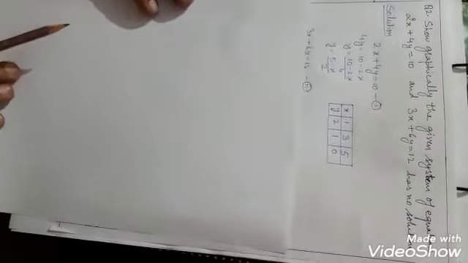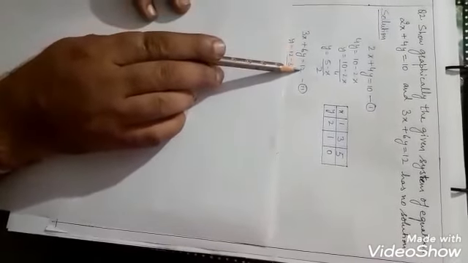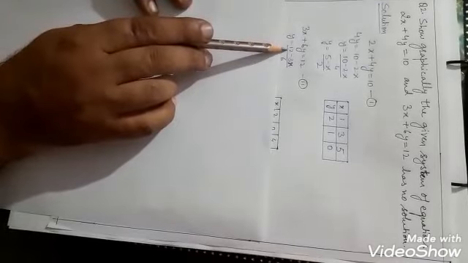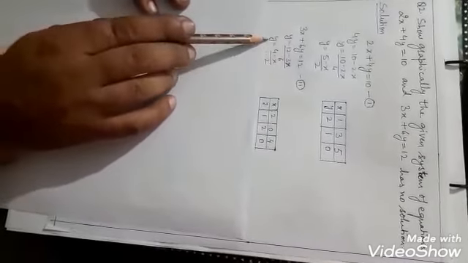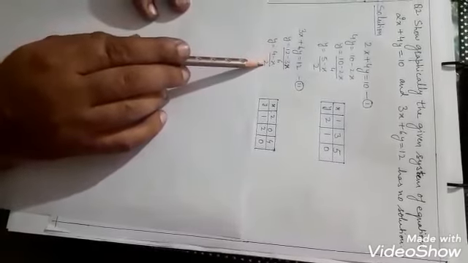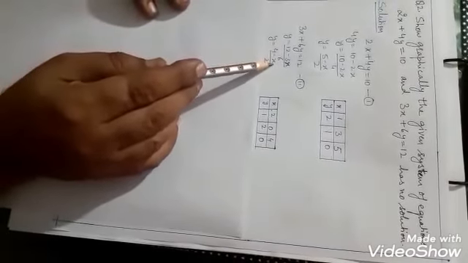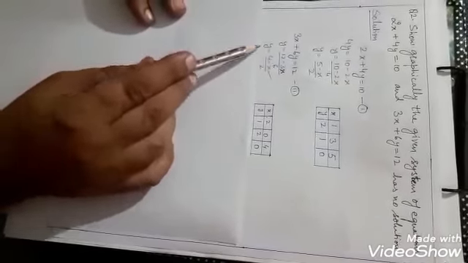Now similarly for the second equation 3x plus 6y equal to 12. Take out the value of y equal to 12 minus 3x upon 6, which reduces to y equal to 4 minus x upon 2. Now again you start substituting the values of x, and you'll get the corresponding value of y.